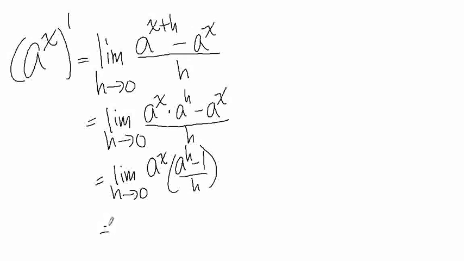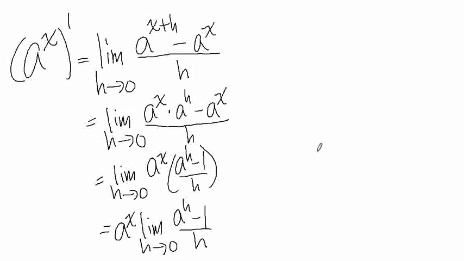And finally, we can pull out the a to the x because it's not dependent on h. Now, that is not a limit with a simple answer for an arbitrary positive value of a.